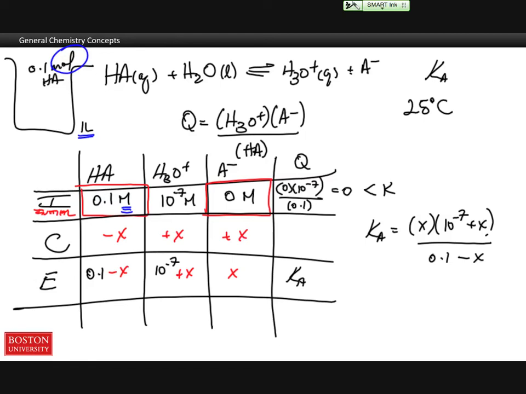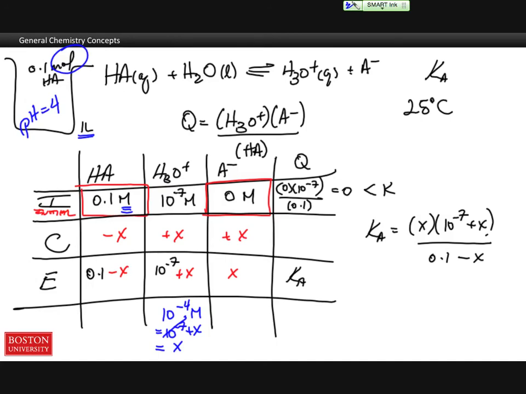But if you remember, in the original problem, it told us that this solution has pH equals 4 at equilibrium, which means the hydronium ion concentration at equilibrium is 10 to the minus 4 molar, which means that 10 to the minus 7 plus X is equal to 10 to the minus 4, which means, with 3 orders of magnitude difference, that X is 10 to the minus 4.